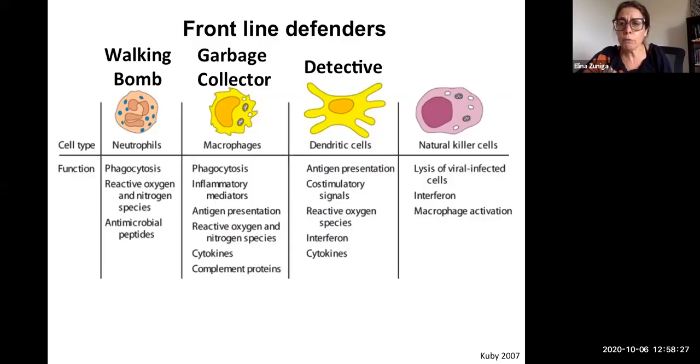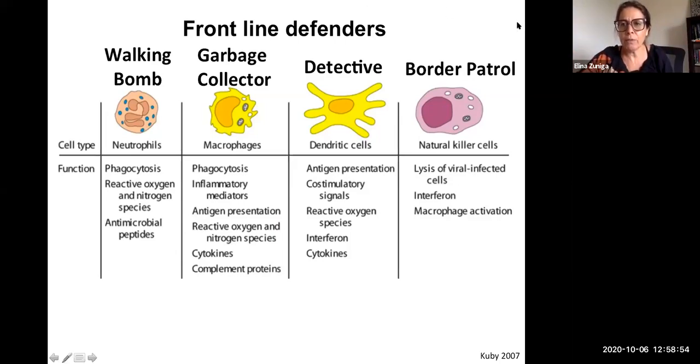And the reason for that is because there they are surveying for the presence of pathogens, so when they see a pathogen, they can release factors that limit pathogen spread and then uptake this pathogen for presentation to the T cells. And so that's why, because they are surveying everywhere in our body for the presence of pathogens, they are called detectives.